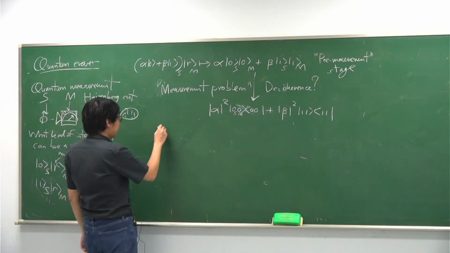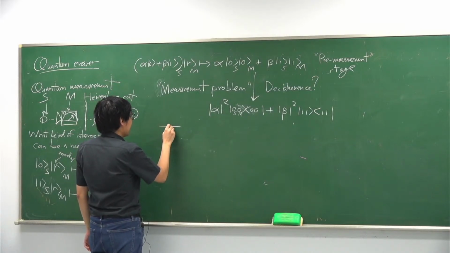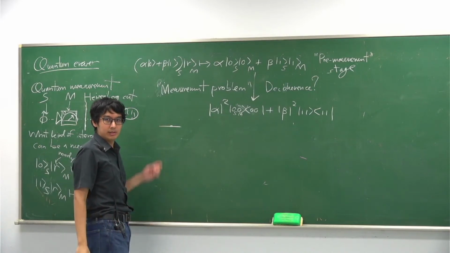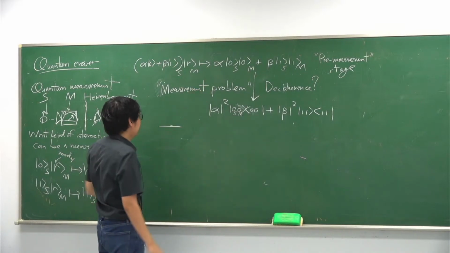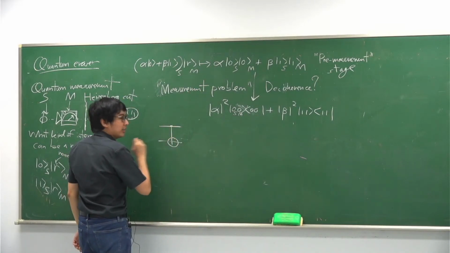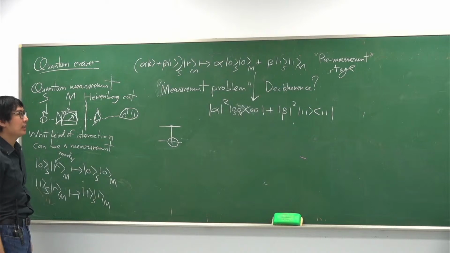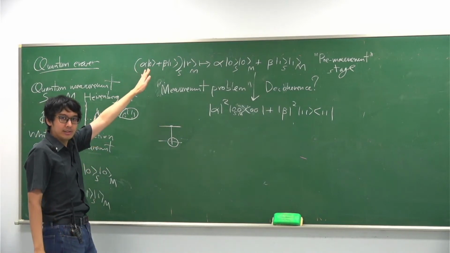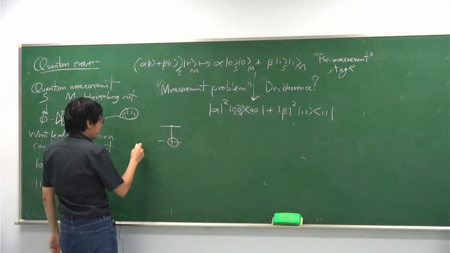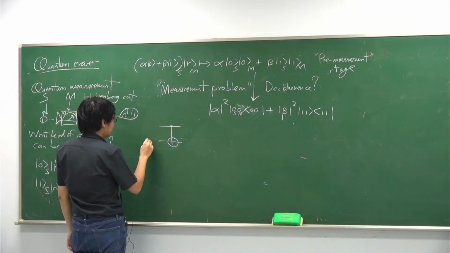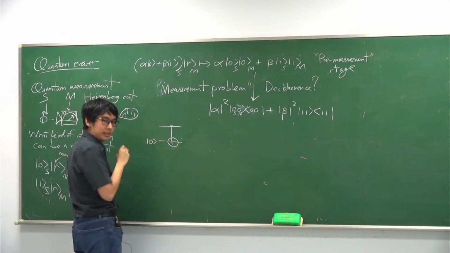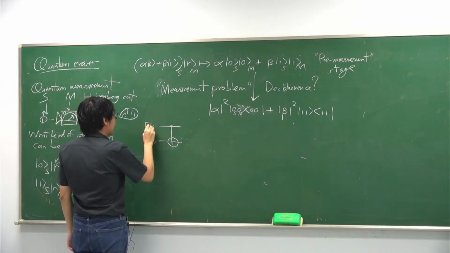For example, I can model this pre-measurement process as a CNOT, right? Because it does exactly that. So I have a qubit here. Let's say the ready state is the 0 state, and then you have the psi here.